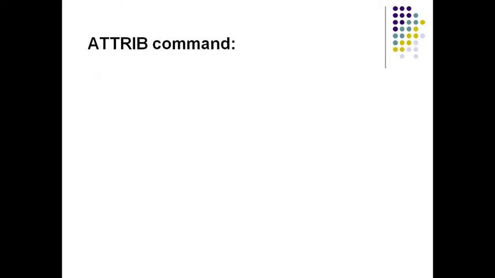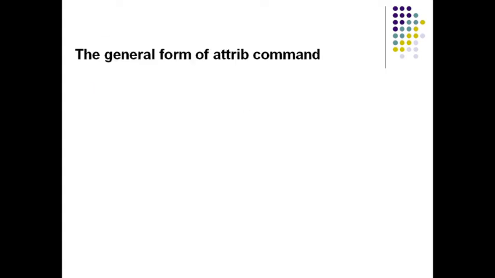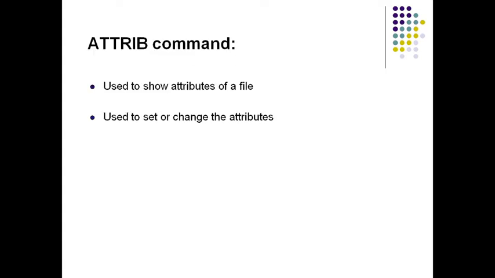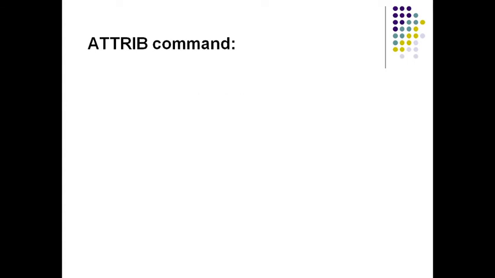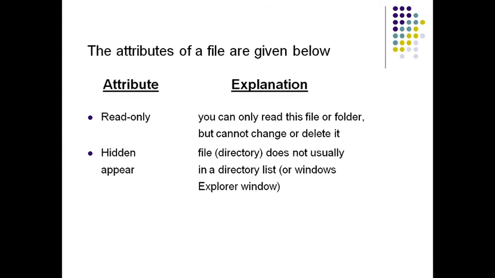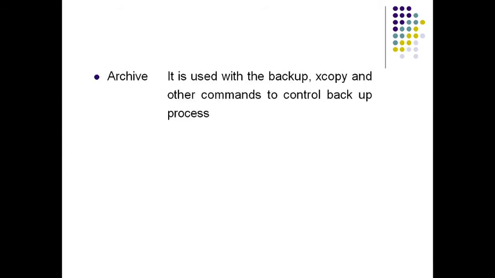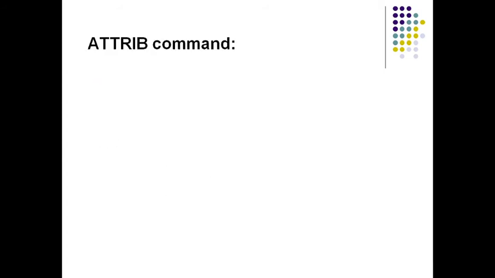Next, attrib command. Let us move to the next DOS external command, the attrib command. What is this attrib command used for? It is used to show attributes of a file. We have already seen the attributes of a file: read only, hidden, archive, system.